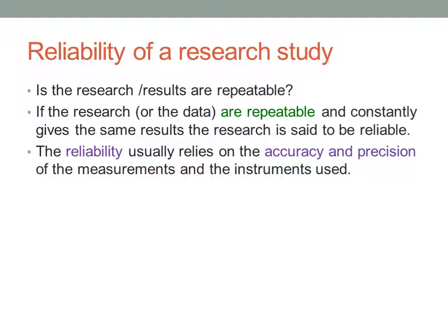When the data or result is repeatable, we call the result reliable. If you do a set of experiments again under the same conditions, you should be able to get the same pattern, same repeatable data, then you have higher reliability.